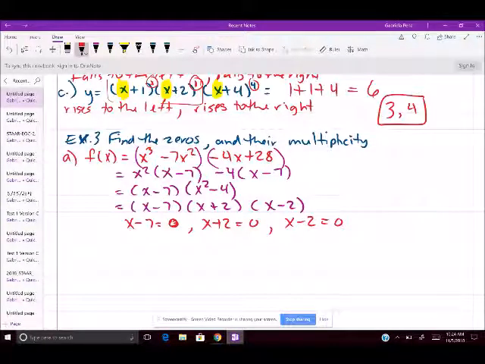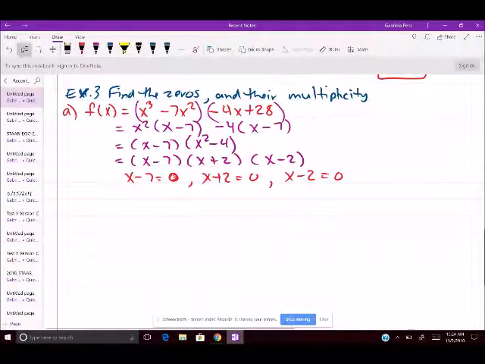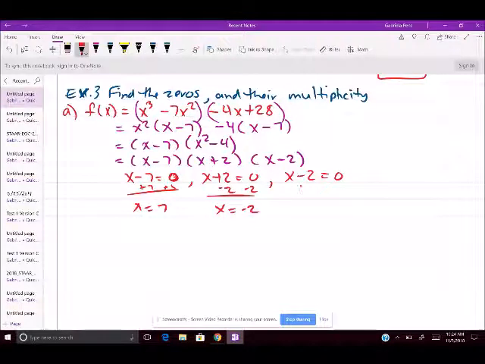That's your job, to set them equal to 0. Once you set them equal to 0, you solve for x. What's the first one going to be? Positive 7, right? Because we add 7, x equals 7. Minus 2, x equals negative 2. Plus 2, x equals a positive 2.